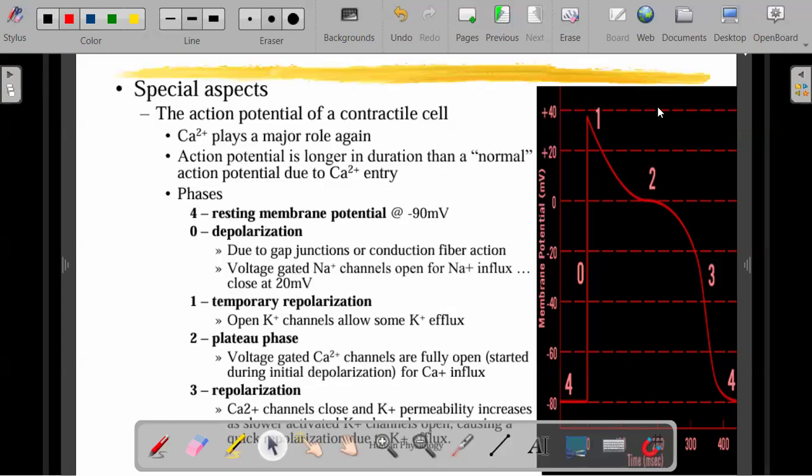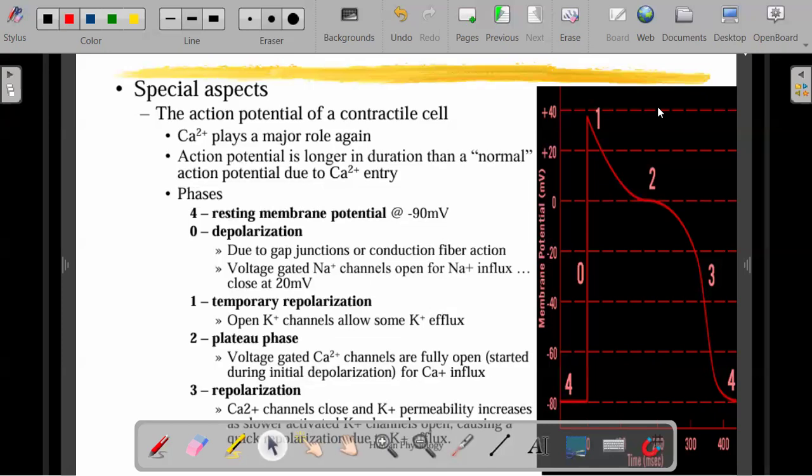Then we go to phase 0. It is known as the depolarization phase, or the rapid depolarization phase. This is due to gap junctions or conduction fiber actions. In this phase, the voltage-gated sodium channels open.